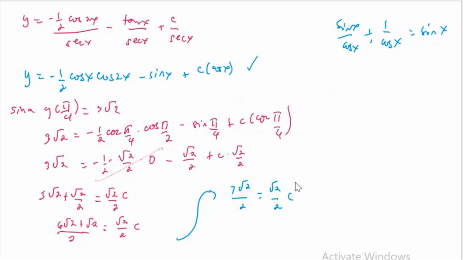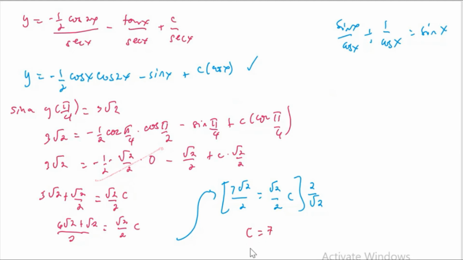Now to solve for c, I will just multiply the entire equation by the reciprocal of the coefficient of c, which is now 2 over square root of 2. Or if you like, you can divide the entire equation by square root of 2 over 2. So simplifying that one, it will give us the value of c is equal to 7.